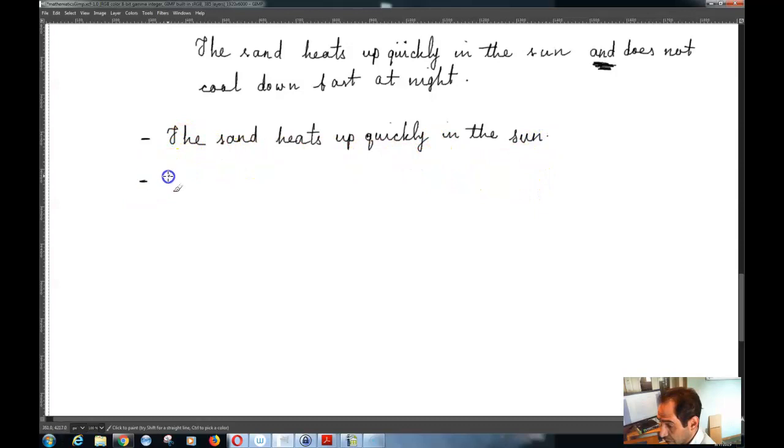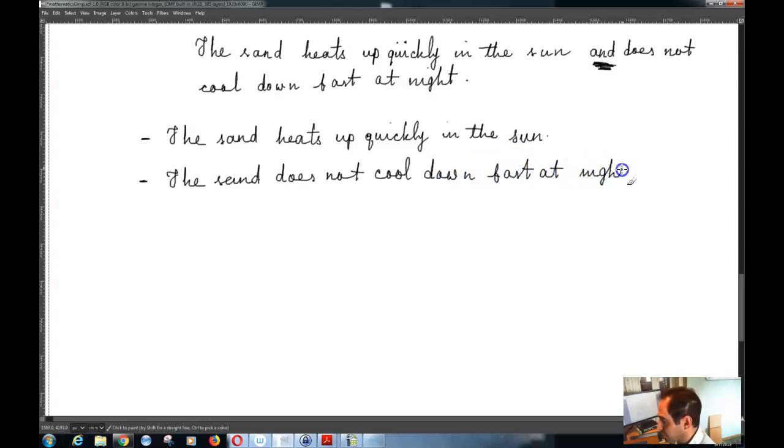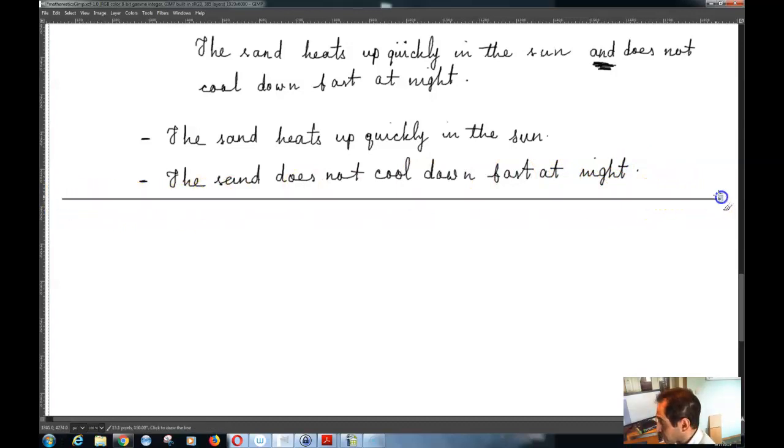And then you can say that the sand does not cool down fast at night. And the connective is basically and, which is what I have shown over here.